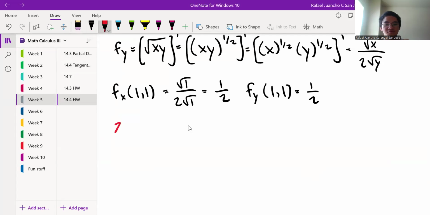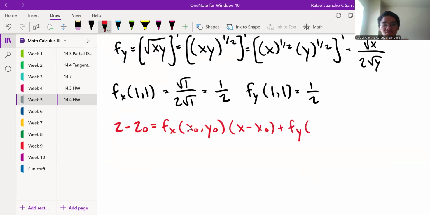So just to put the formula out, z naught, f sub x at x naught, y naught, times x minus x naught, plus f sub y times y minus y naught.